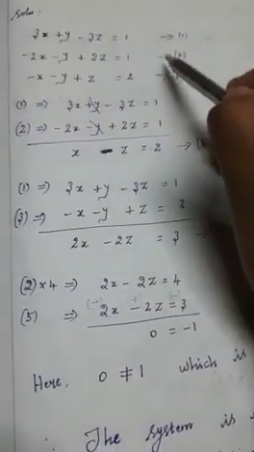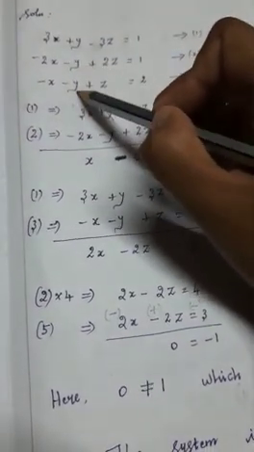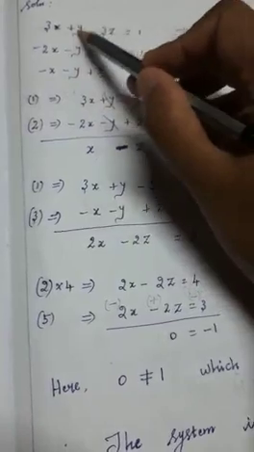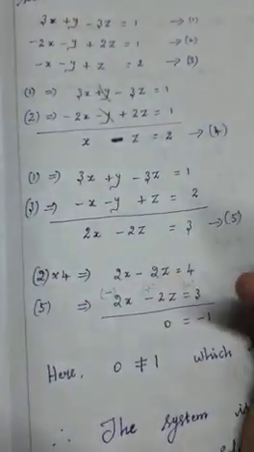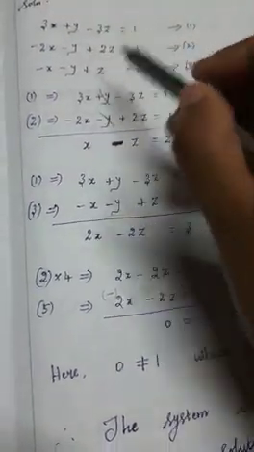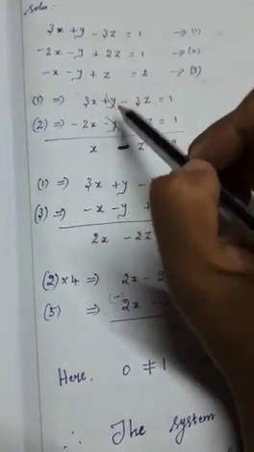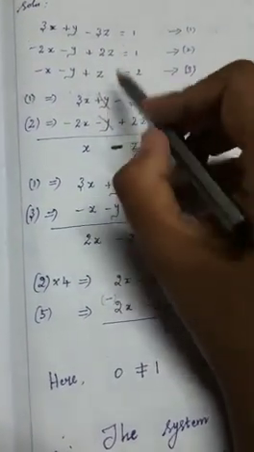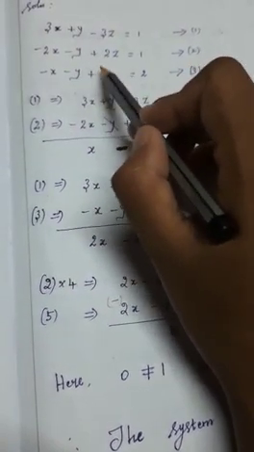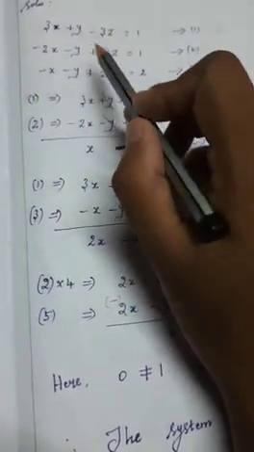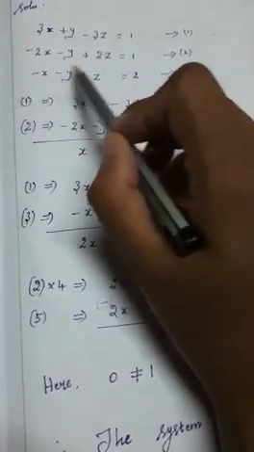Next you can choose another two equations. Which is easy to choose? You can choose the first and third, or the second and third. Here we have taken the first and third; any two equations you can choose. When we chose the first two equations, we eliminated the y variable, so here also we should eliminate the y variable only.